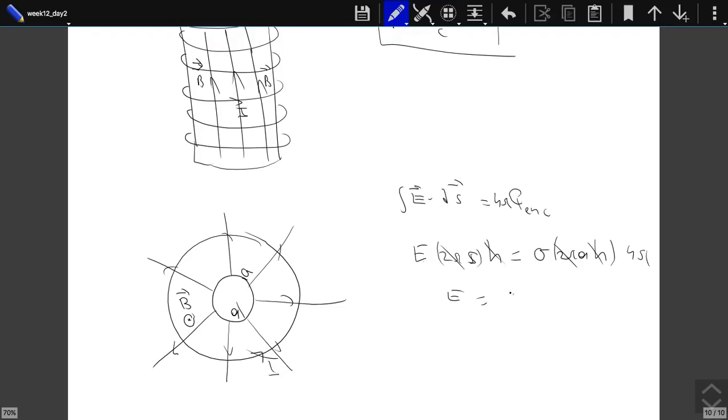So the electric field will be 4 pi sigma A over S.